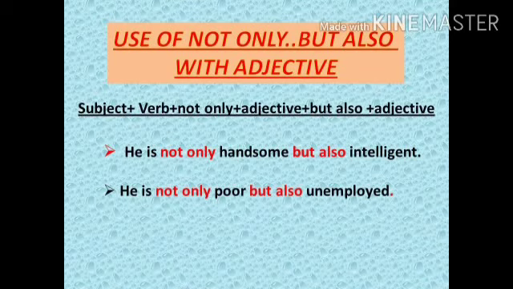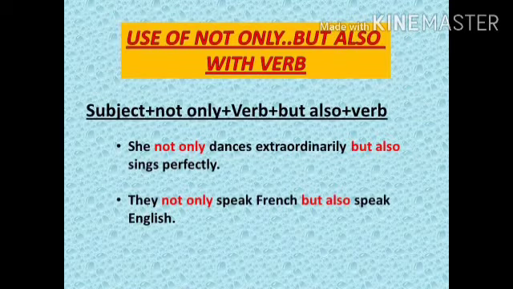Here we are talking about the single subject, he, having two different qualities which are handsome and intelligent. Handsome and intelligent are adjectives here which are describing the subject he. Second example, he is not only poor but also unemployed. Here poor and unemployed are adjectives. The second one is used to show a worse situation of the subject.